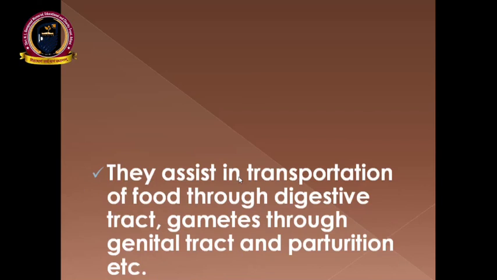They actually assist in transportation of food through the digestive tract. For example, when we swallow food, it will be sent to the stomach by contractile activity of the muscles in the wall of the esophagus. That's what is called peristaltic movement. And this peristaltic movement continues all along the intestine also to push the food further down.